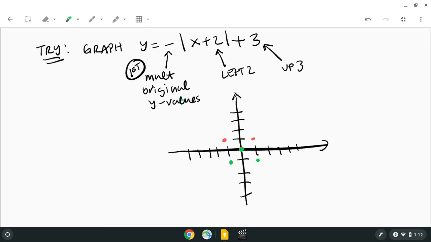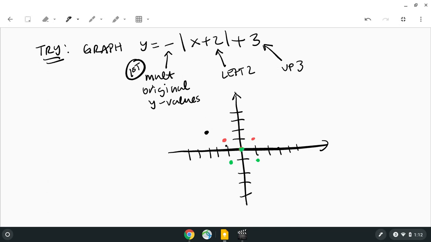So we finished this one. We multiplied the original y values. Now we're going to take the 3 green points and shift them 2 to the left and 3 up. And that will be our final graph. I'll do it in black. Left 2, 1, 2, and up 3, 1, 2, 3. Do the second one.